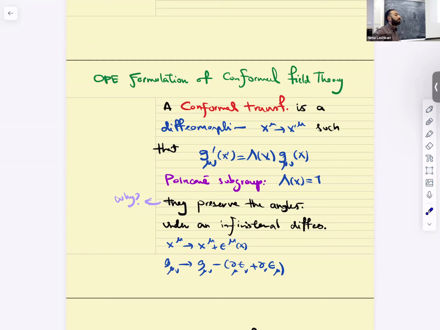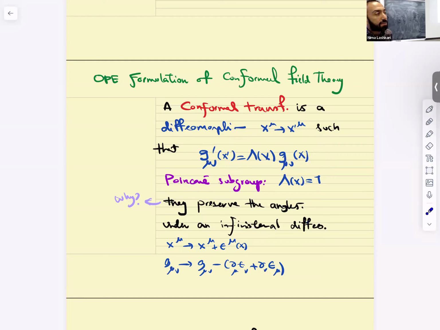These are special diffeomorphisms called isometries because they preserve the metric. Conformal transformations, the ones that transform the metric this way, preserve the angles. Do you know why? Think about it. Why do they preserve the angles?